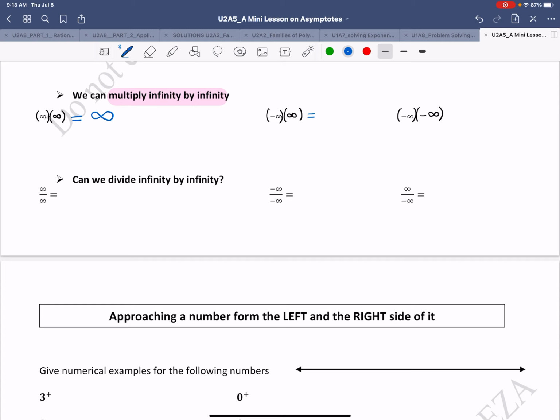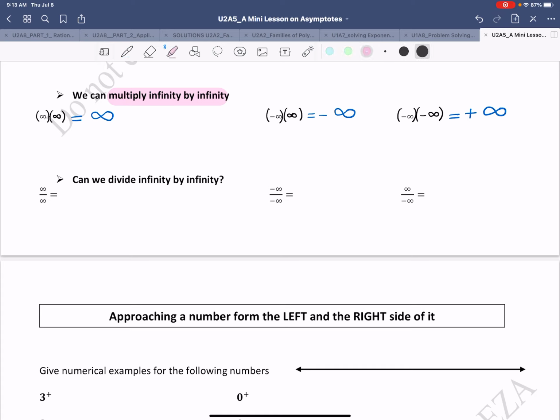Infinity and negative infinity multiplied together will give a negative number, a negative infinity, because we have a minus and a plus. That's where the minus here comes from. Negative infinity multiplied by negative infinity, remember you have a minus and a minus, that will give a plus. And 2 infinities multiplied will give an even bigger number.